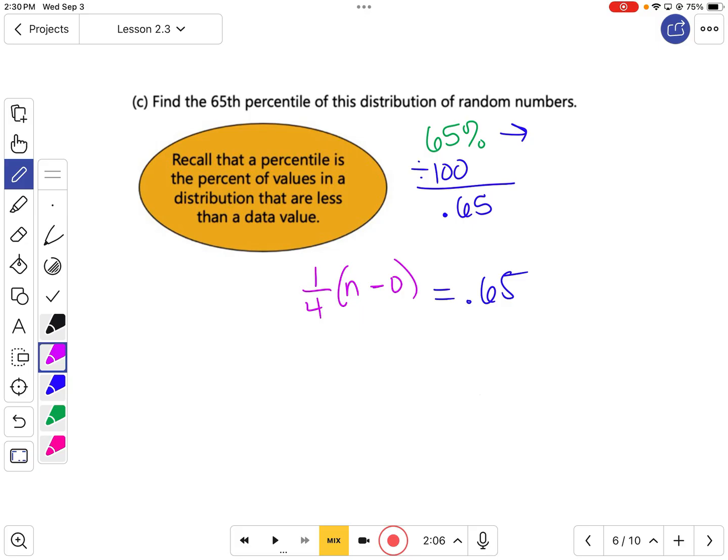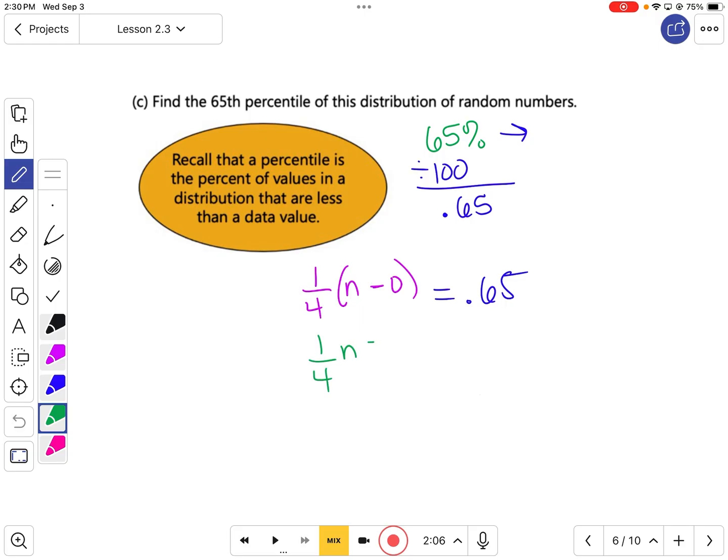So all I did was go backwards from what we just did a few minutes ago. Now, if I have a number and I take 0 away, what's left? If I have 4 and I take nothing away, what do I still have? 4. So I'm just going to be left with an n.